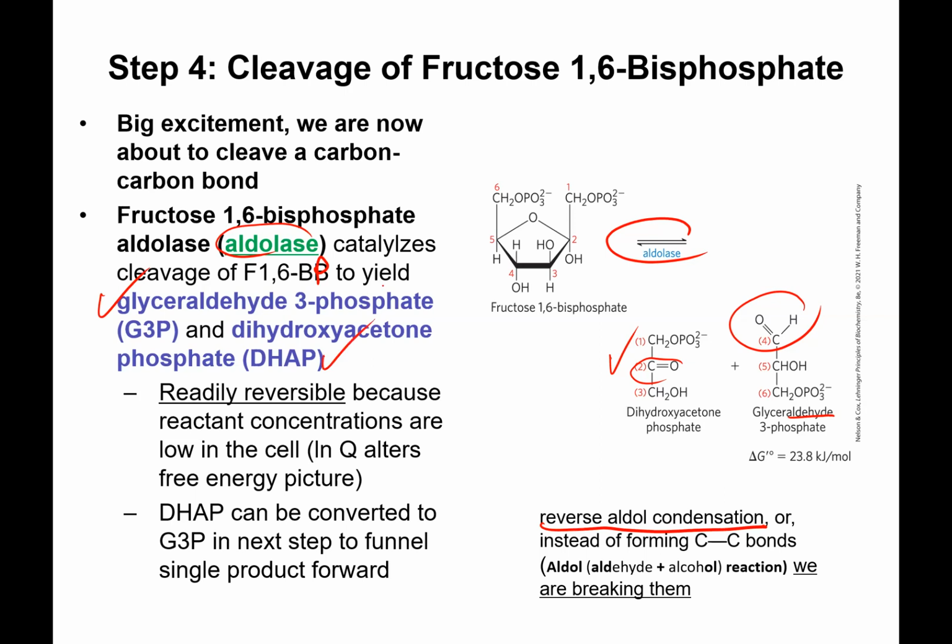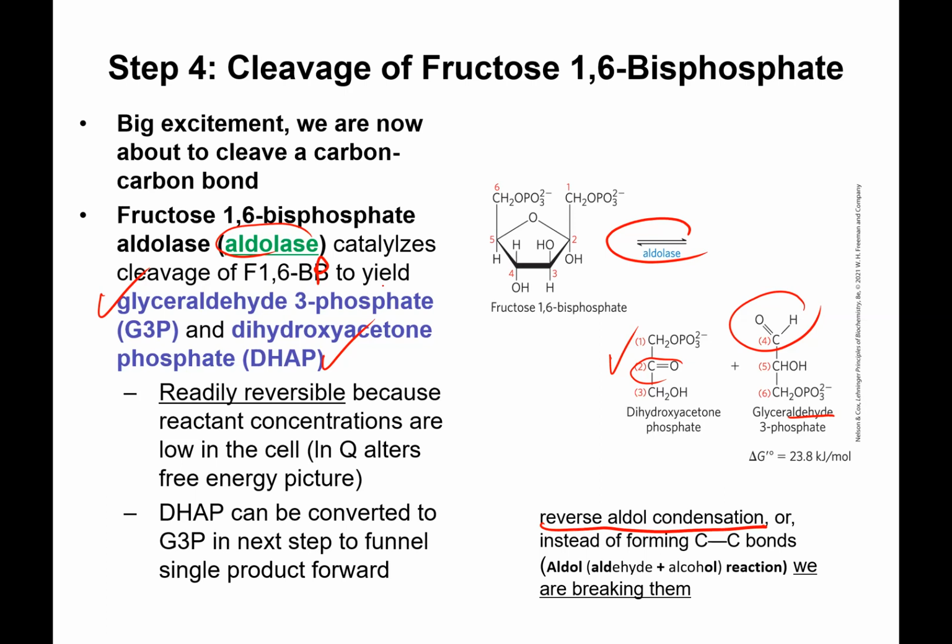You're welcome to use the abbreviations because these get very wordy. Throughout, you can use, for example, F16BP for fructose 1,6-bisphosphate. So feel free to use those and get to know them. It's useful to get to know them.